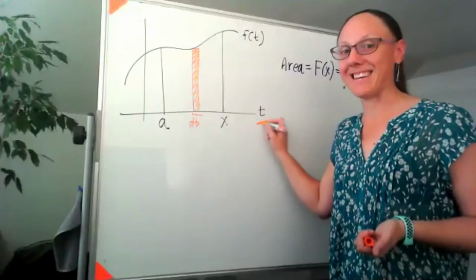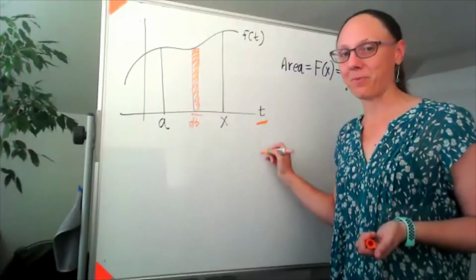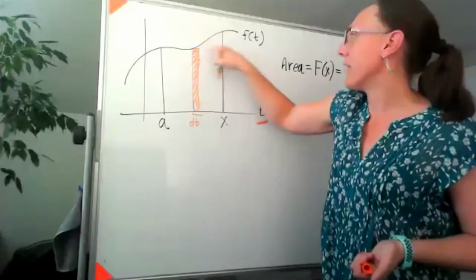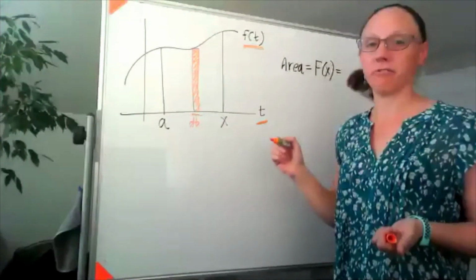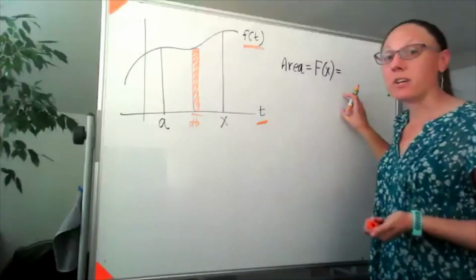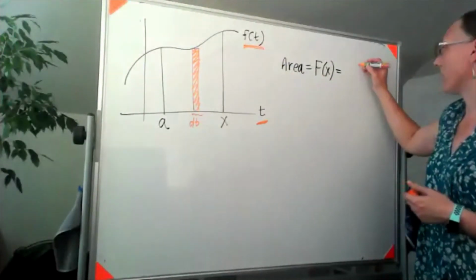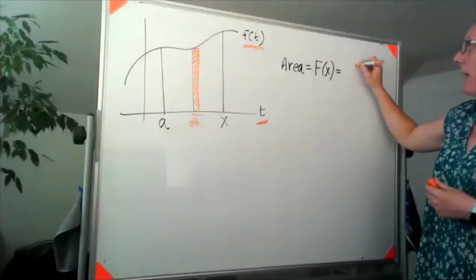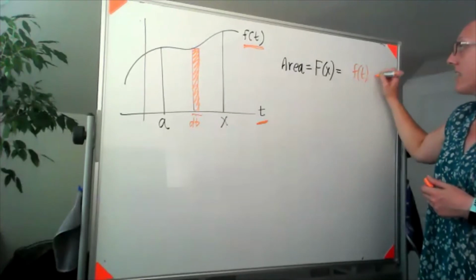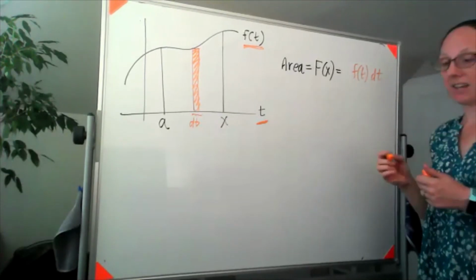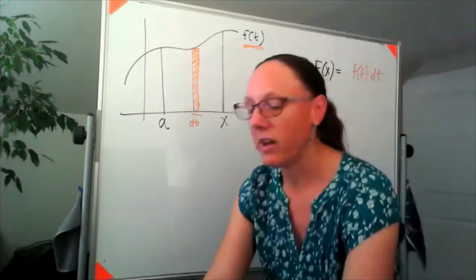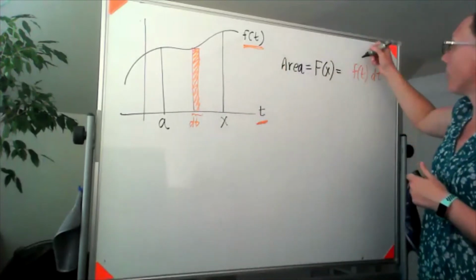Because I'm on the t-axis. And the height I would get by plugging it into the function, which means that if I think about that arbitrary cross-section as a height times a base, that would look like f of t times dt. And then we'd come in here and add them up.